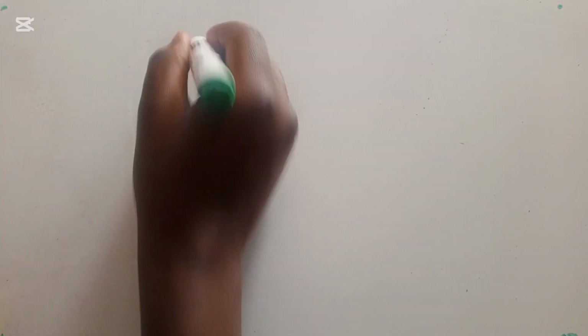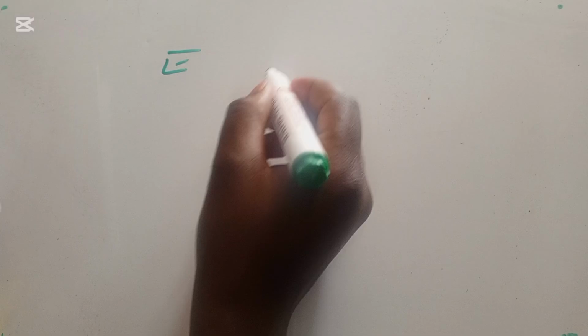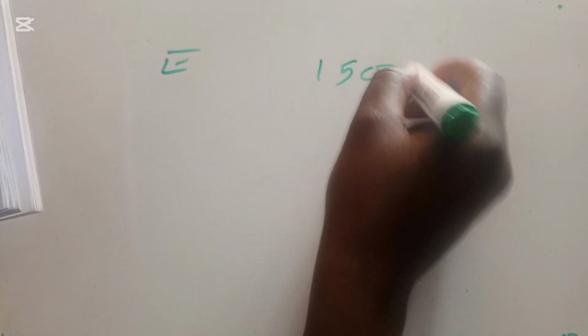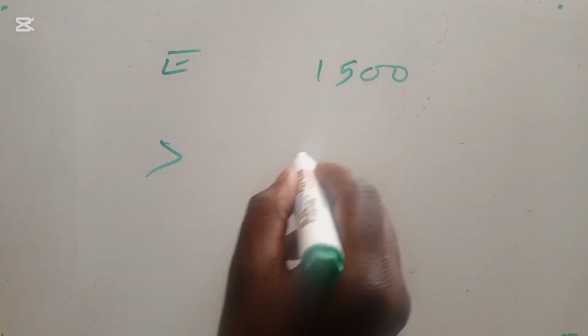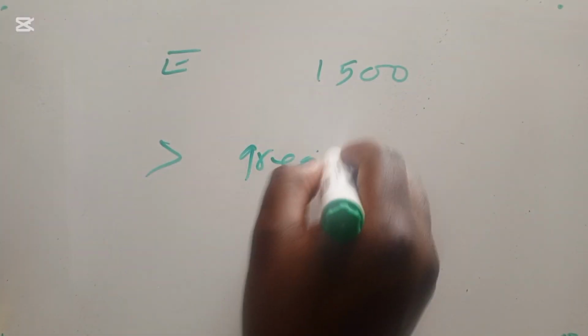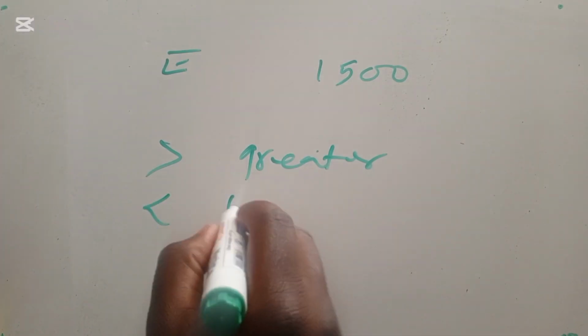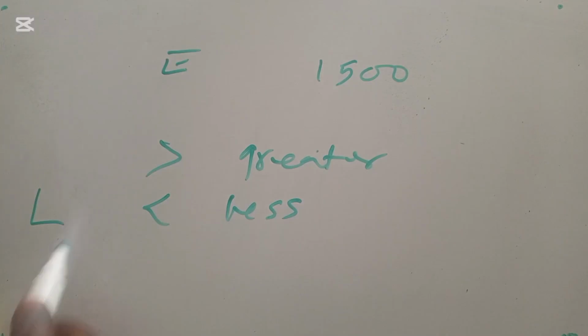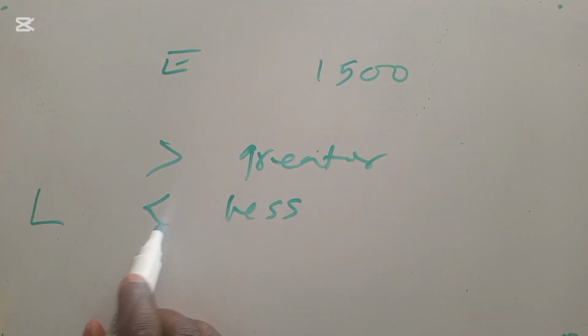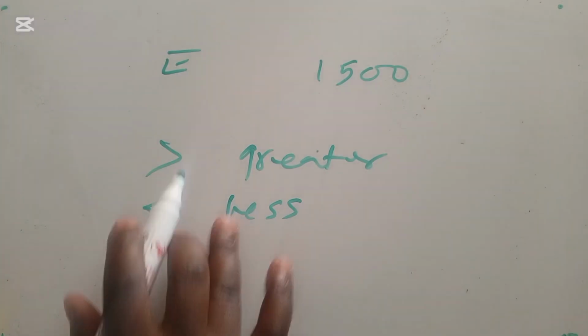So you need to indicate the earnings as E, and then you have 1,500 on one side. You either indicate greater or less. So this is the greater sign. This is less. If you get confused, remember this less looks like L, an inverted L. Once you understand this, then it is obvious you get the greater sign.